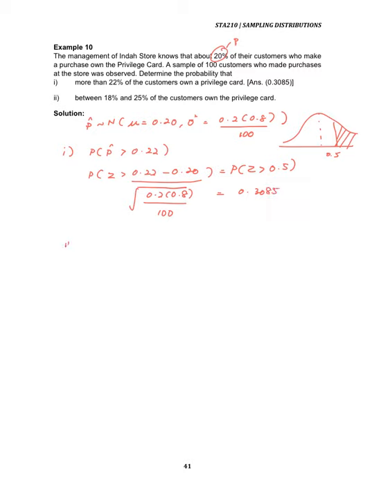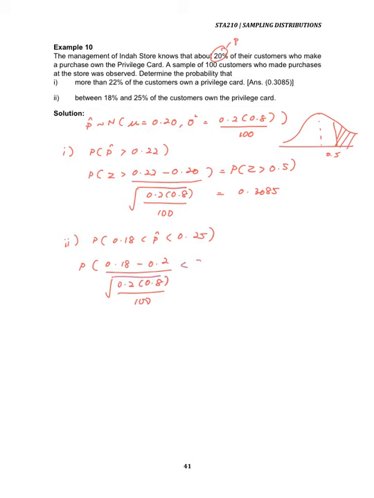Okay, number 2. Determine the probability that between 18% and 25% of the customers own the privilege card. So dia nak probability of p hat between 0.18 and 0.25. So kita standardkan dia akan menjadi Z lah, 0.18 minus 0.2 over square root of 0.2 times 0.8 over 100.